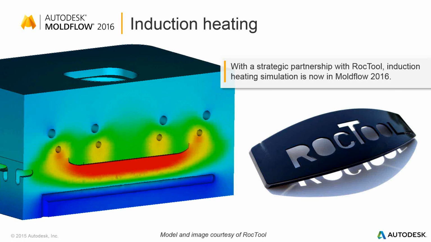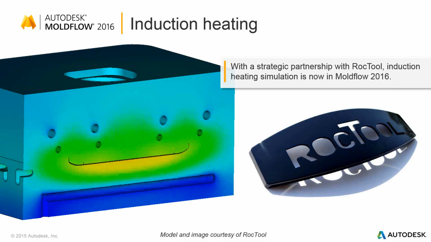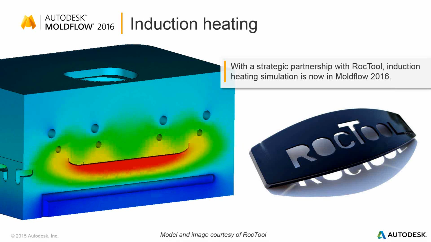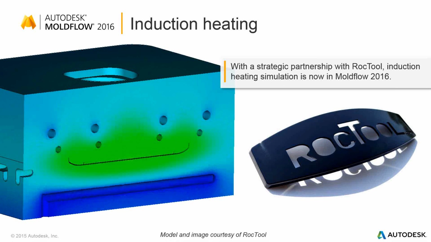So when you heat up the mold above the transition temperature and then inject the plastic into it, you get a really good surface quality finish on the side where the mold is above transition temperature.